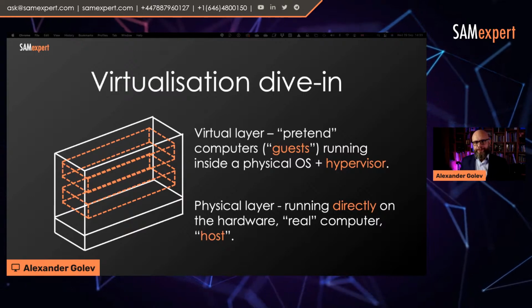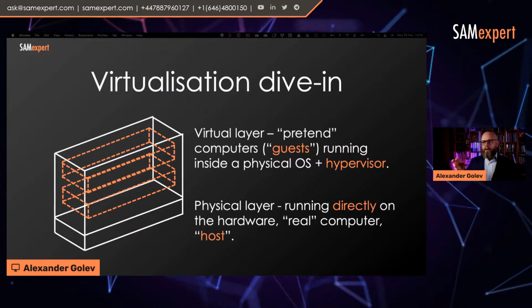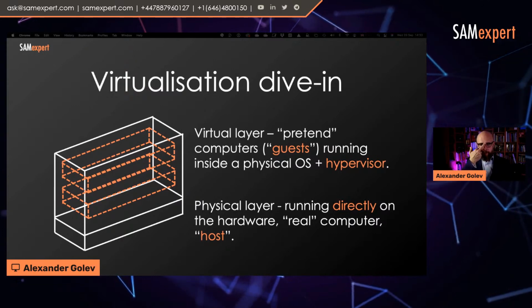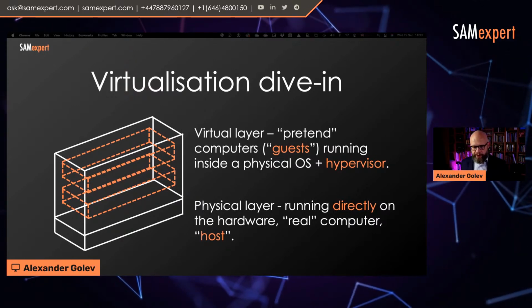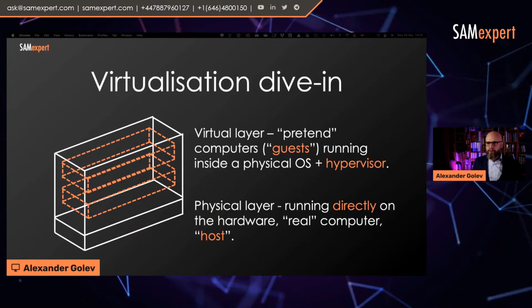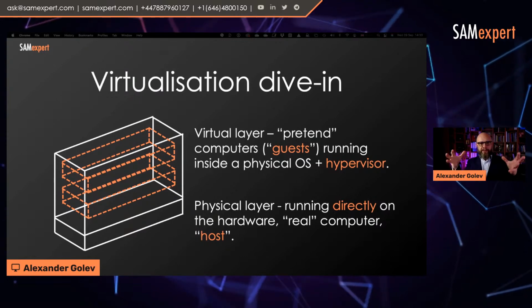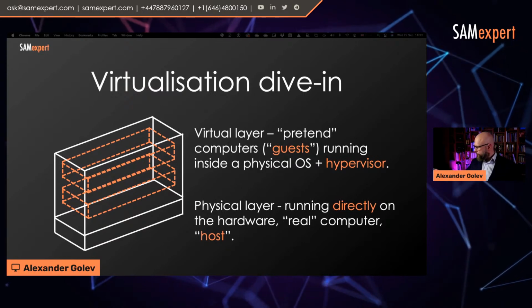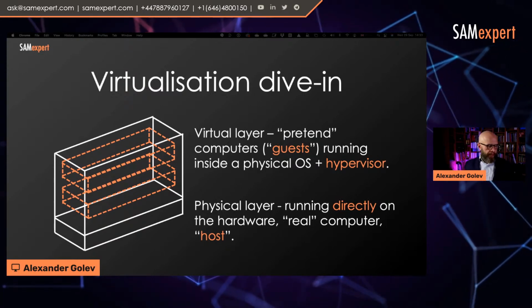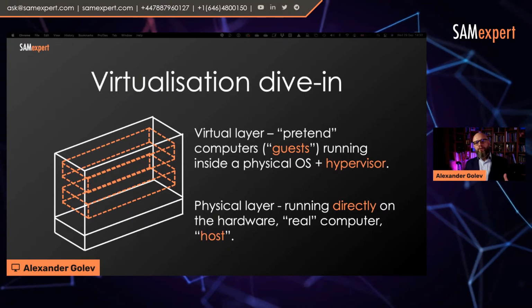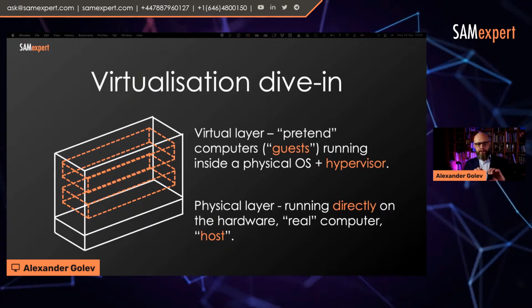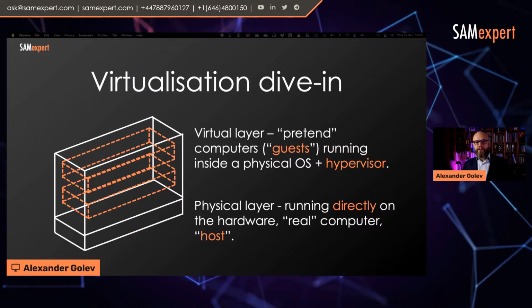What about virtual machines? For those who don't know what virtualization is, and we have people like that on these lives who have just come to the world of IT, a virtual machine is like a pretend computer inside the physical one. There's a physical computer, a physical box, laptop, server probably, and inside the server you run software called a hypervisor, which creates bubbles that pretend to be computers.